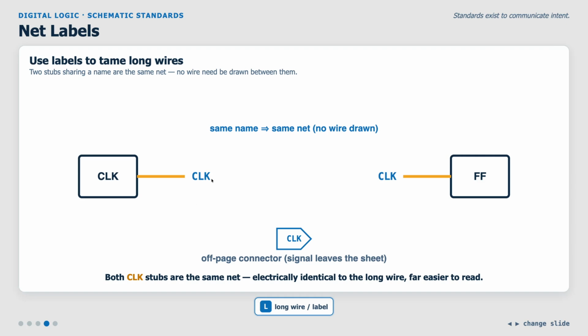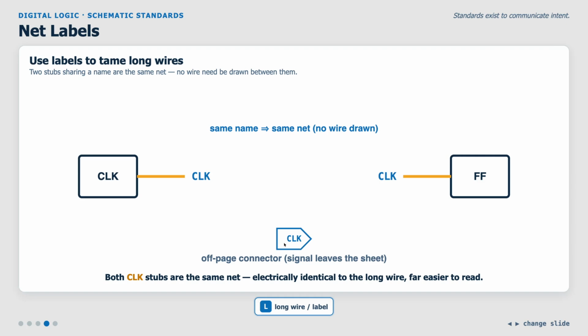The implication here is there's not just two stubs coming in here. This is a wire with a signal named clock. And so this clock gets distributed across the circuit. So we don't need to show a wire, even though we know that physically there needs to be a connection, a wire of some form that connects all the parts together.